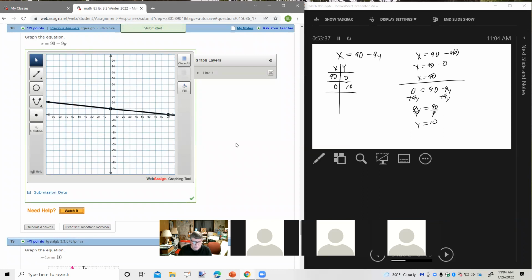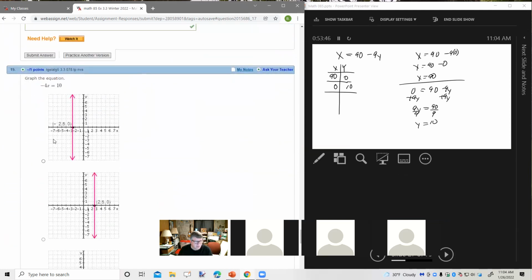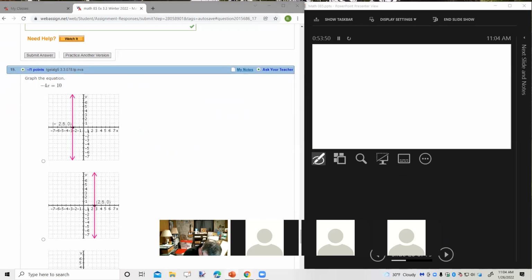All righty. Any questions? Oh, let's take a look at this one. It says graph the equation -4x equals 10. That's not in the form of x equals a constant or y equals a constant yet.